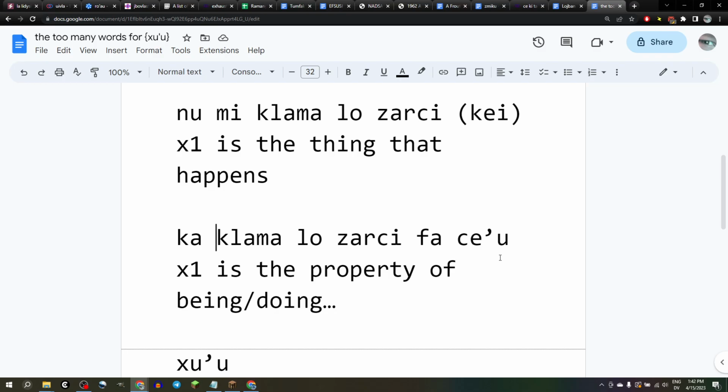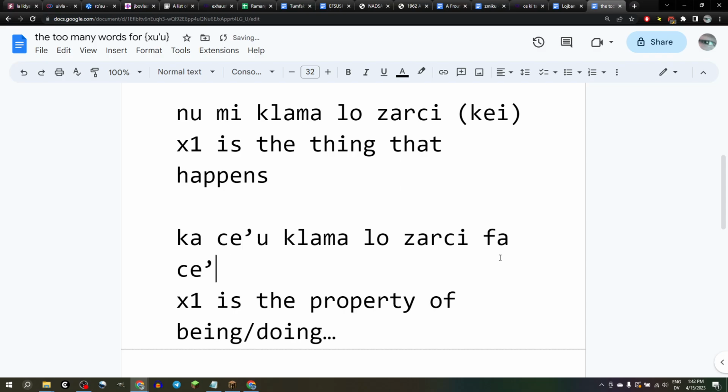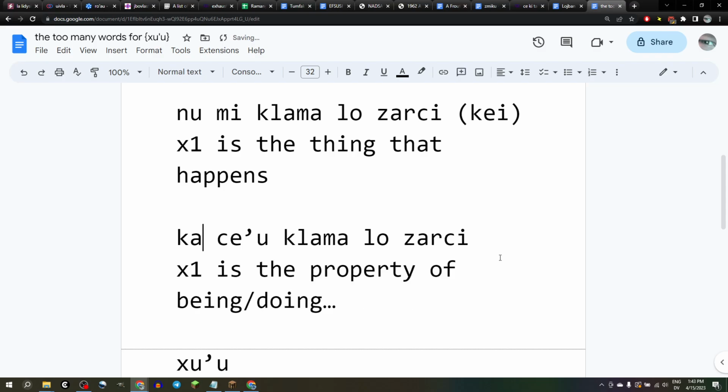And if you don't specify, if you just say ka klamalo zarshi, then it goes by default here. So you don't need to say ka shehu klamalo zarshi. You rarely need to say ka shehu because you would need to say it almost all the time, so it's implied that shehu is there.